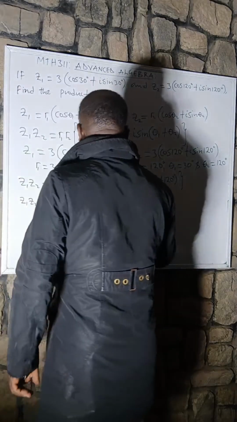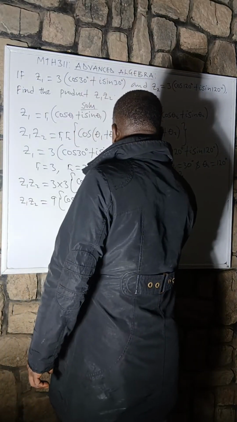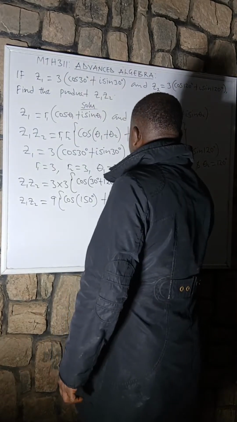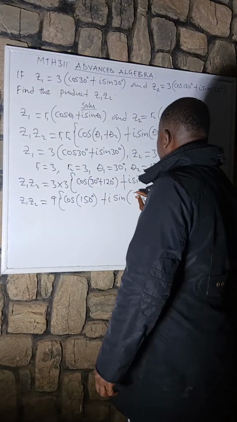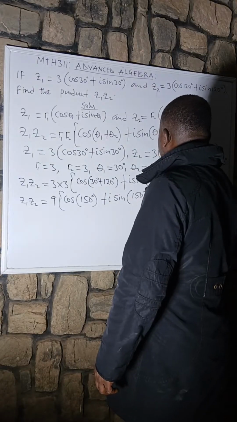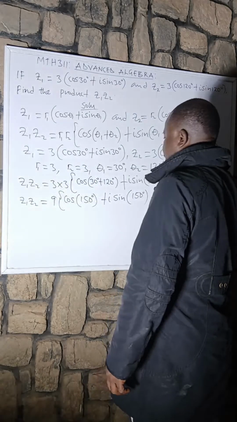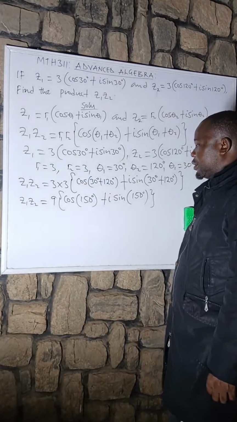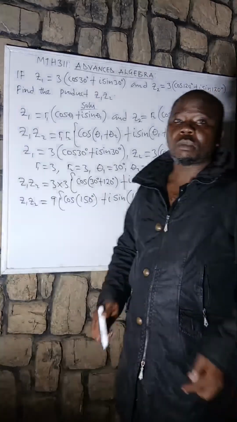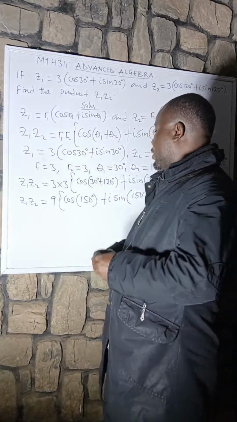Then plus i sine 150 degrees, close the brackets. So just press your calculator.